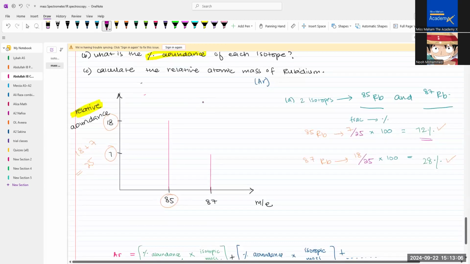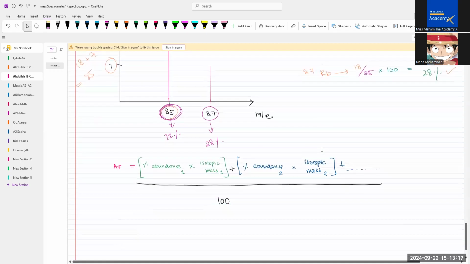And what's the isotopic mass? 85. And for 87 it is 28%.